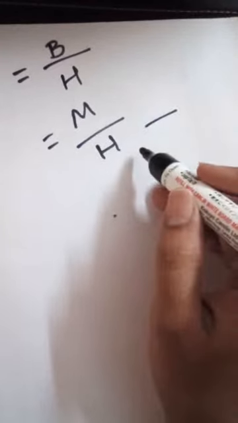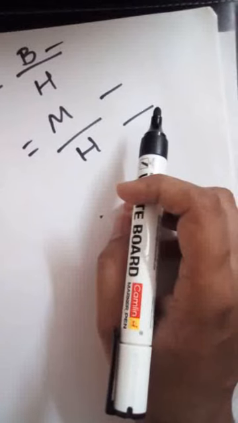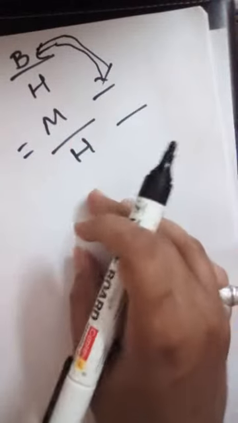H is the external applied magnetic field strength, M is intensity of magnetization, B means magnetic induction. Magnetic induction and intensity of magnetization are similar parameters.